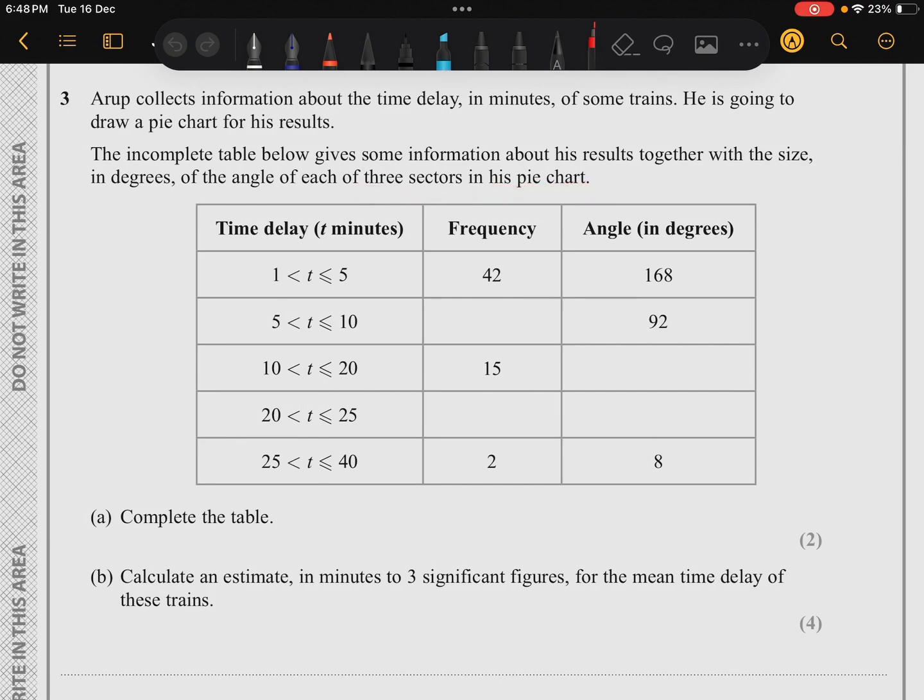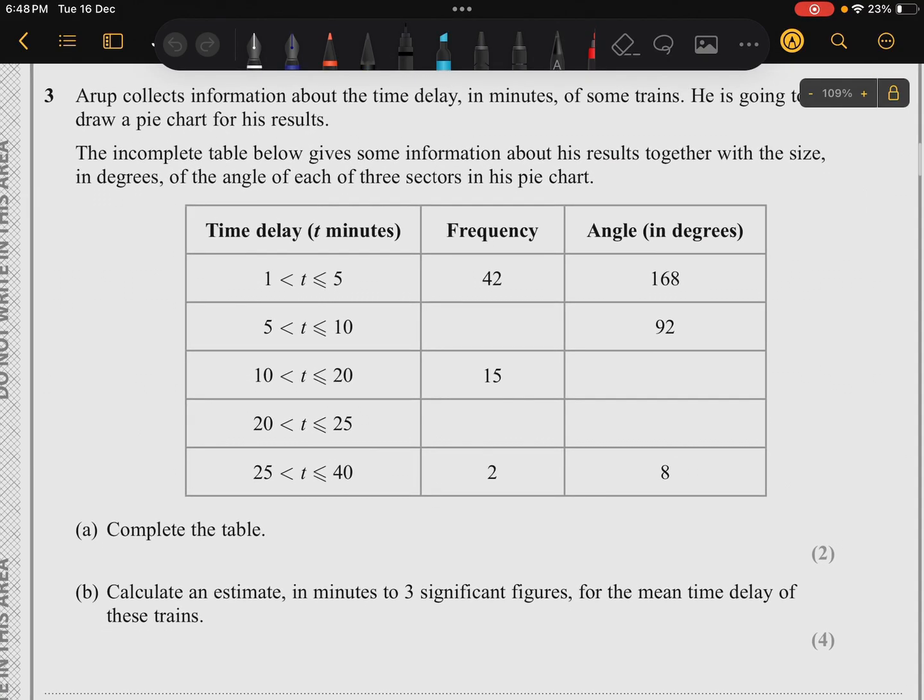So basically, Arup is collecting information of some train about the time delay. And with that set of data, he is going to draw a pie chart and basically represent the classes and their observed frequencies in terms of angles. So, first of all, before jumping onto the problem, we first have to understand what exactly a pie chart is. A pie chart is a way to represent your data in terms of angles.